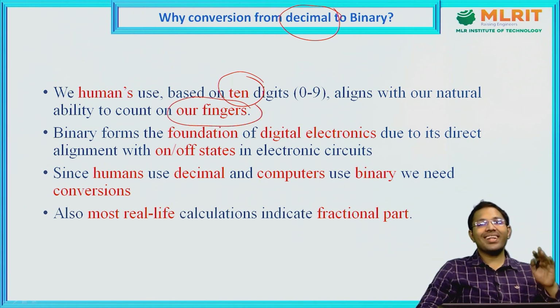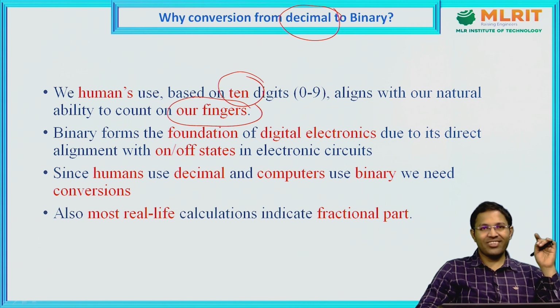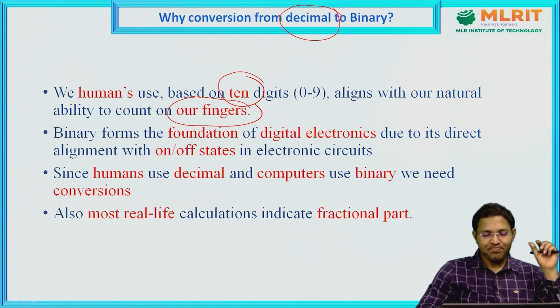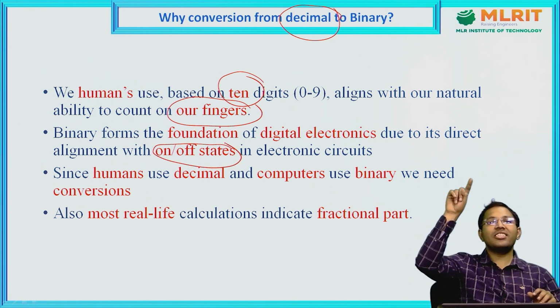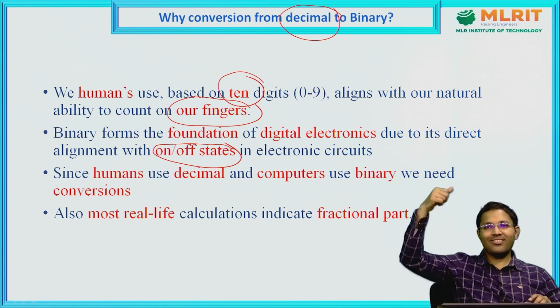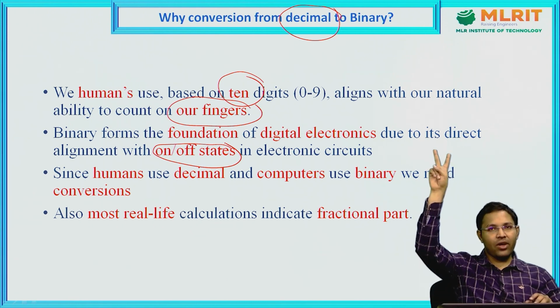Now the computer, the fundamental switch within the computer, we have discussed in the previous slide that a computer has billions of tiny switches called transistors. Now the switch has only two possible states. You have been using switches in your home. A switch can either be on or off.